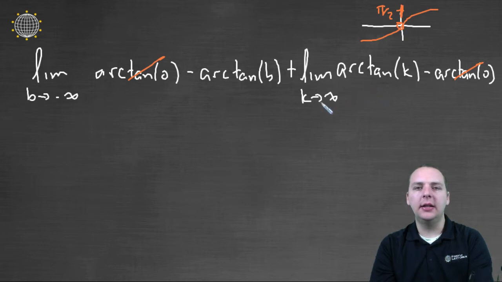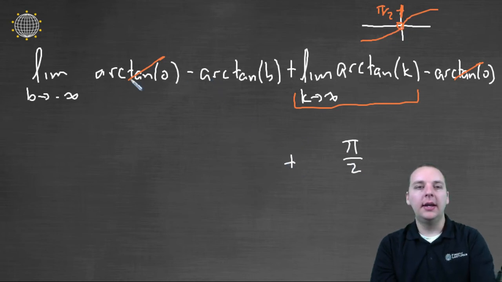And then let's actually look at this one first. I think this would be the most clear one. As k goes to infinity, what does arctan of k level off to? Well, it looks like pi over 2, right? Now, as b goes to negative infinity, where does the arctan of b go?